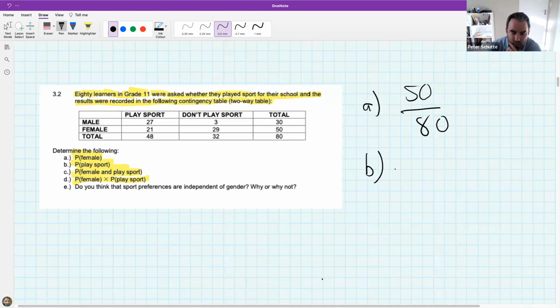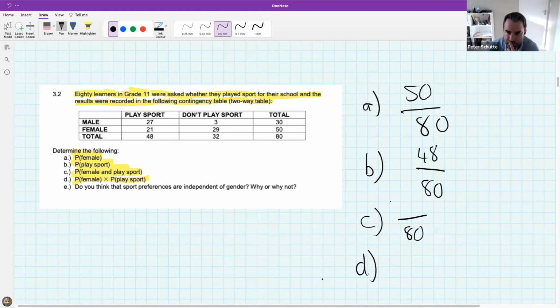Now, what about B? What's the probability that someone chosen at random plays sport? Well, I've got 80 students and 48 of them play sport. Okay. Now, what about C and D? Female and play sport.